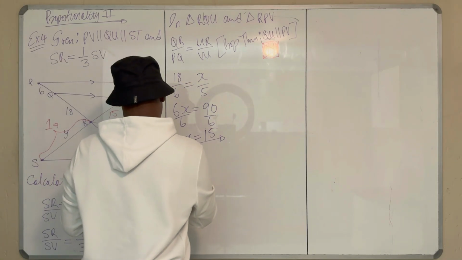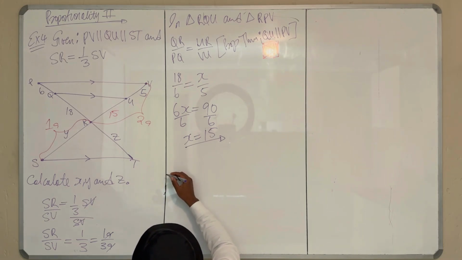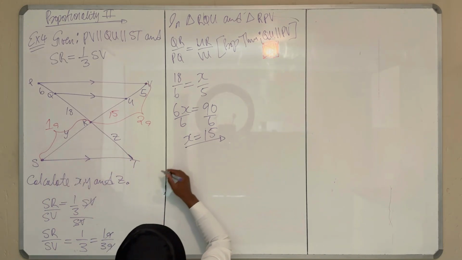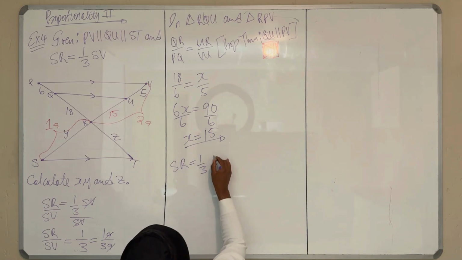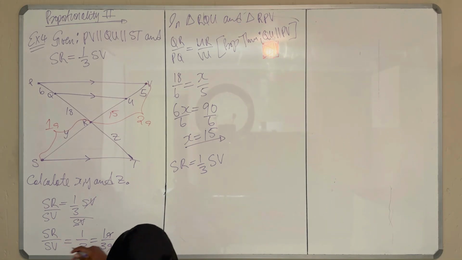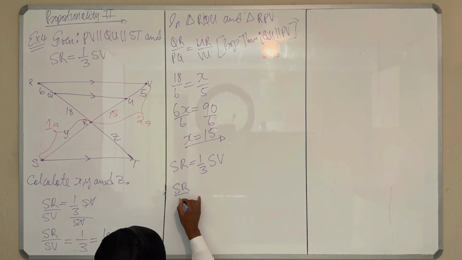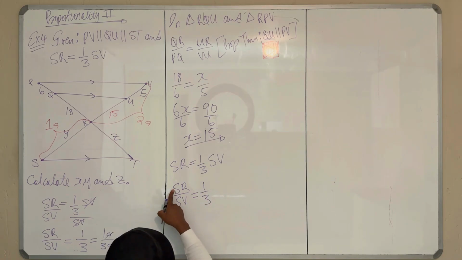Well, let's use this. So, we're trying to find y now, which is this part. So we're going to say SR is equal to 1 over 3 times SV. And we also wrote it down here that SR over SV is equal to 1 over 3. What is SR?